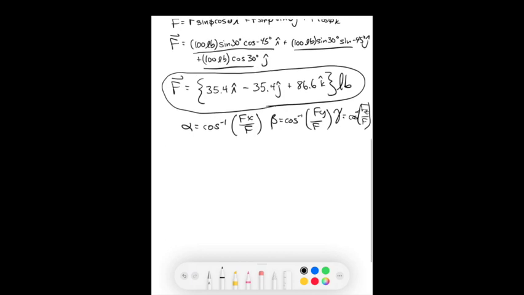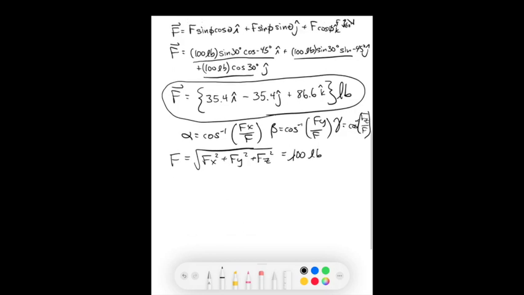Well, so far we don't actually know what that magnitude F is. So we can use what we do know to find F first. And we already know that that equals 100 pounds, since we were told that actually.